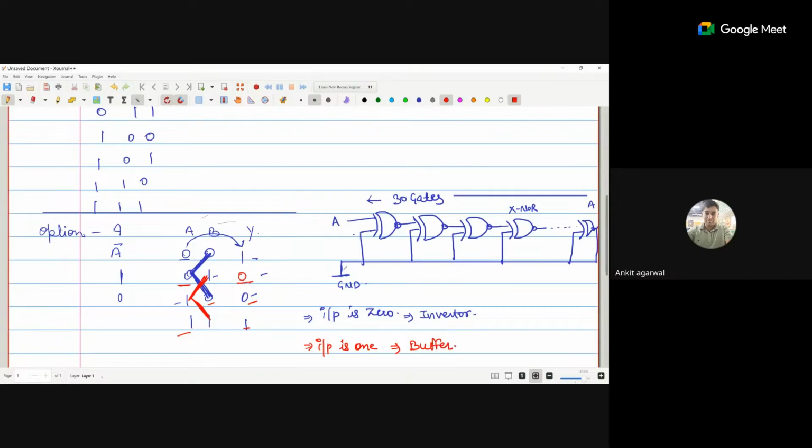Okay, so here the input is 0, so we are getting A bar, then A, then A bar, then A. So after every odd number we are getting A bar, and after every even number we are getting A. Now the number of gates is 30, that is an even number, so we are getting output as A.